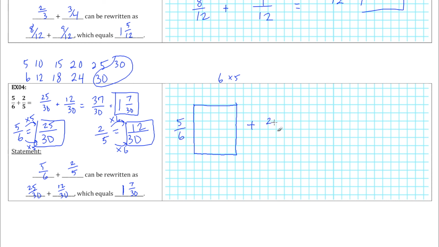And we're going to add the 2/5, which is another 6 by 5. 1, 2, 3, 4, 5, 6, 1, 2, 3, 4, 5. Okay. And we need to make 5/6. So if I cut it this way, I have 6. Then I need to shade in 5 of them.